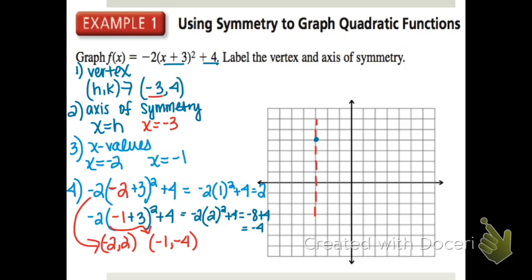Okay. So let's go ahead and plot those points. I have -2, 2, which is right here. Then I also have -1, -4. 1, 2, 3, 4 down.